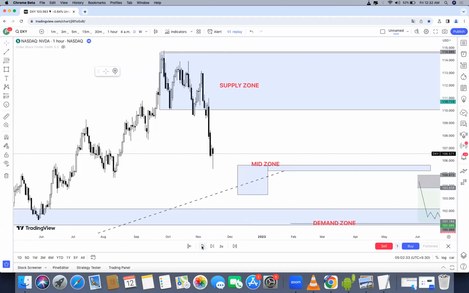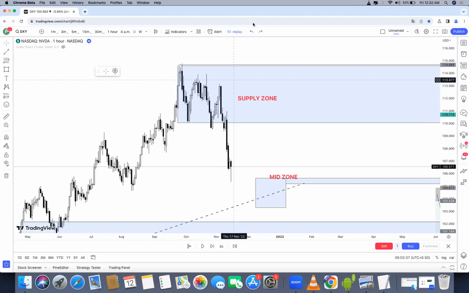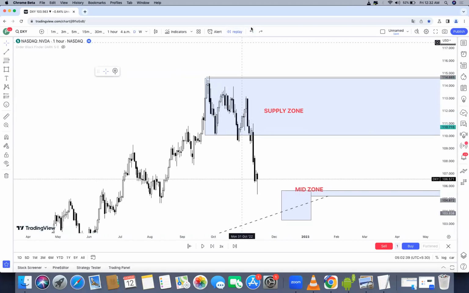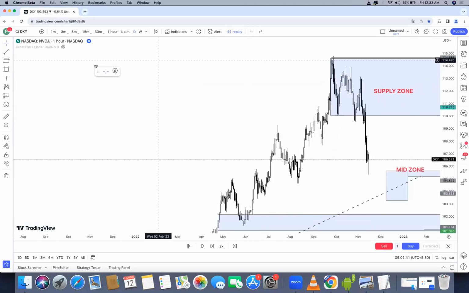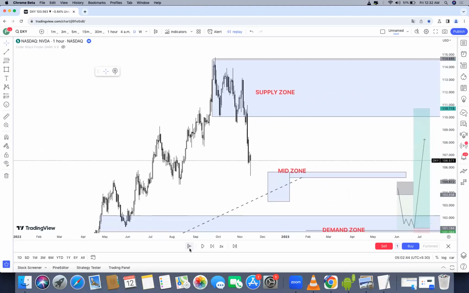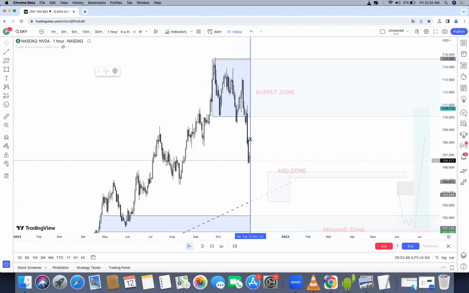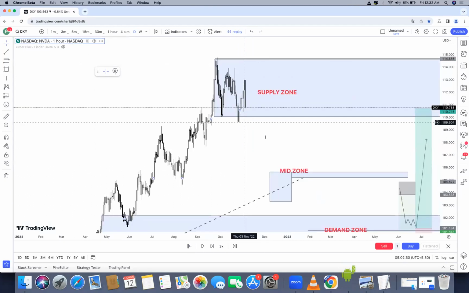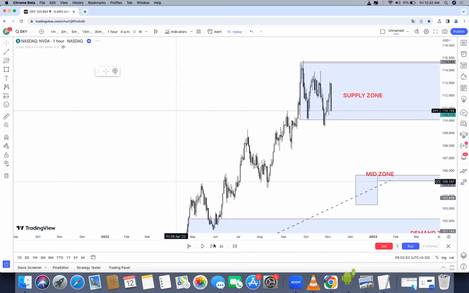The first thing you're going to notice, I still have to go back a little bit here. Lower the speed to one.